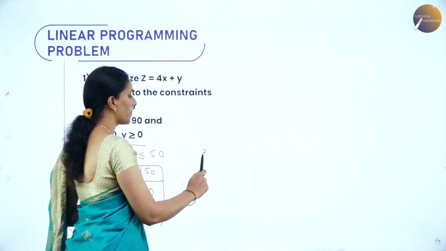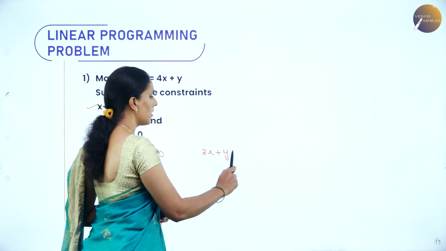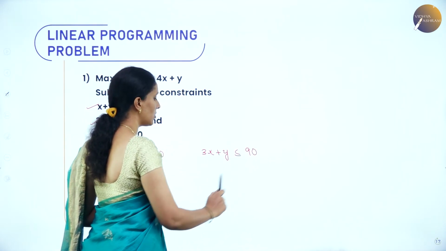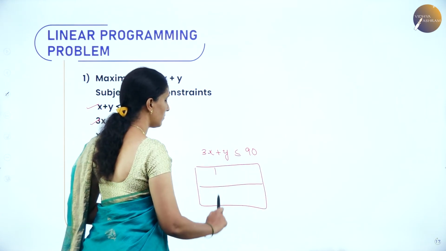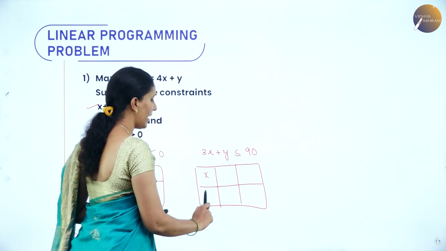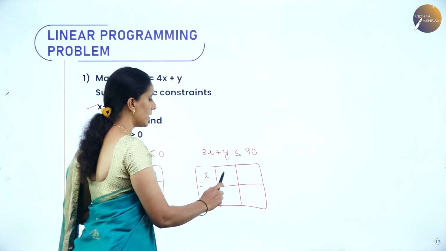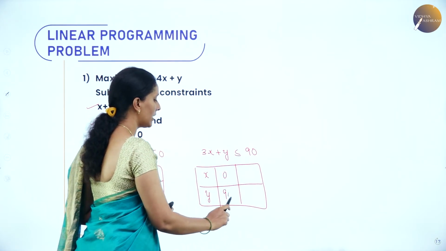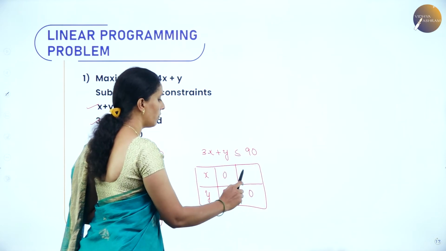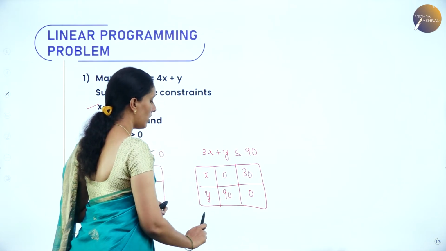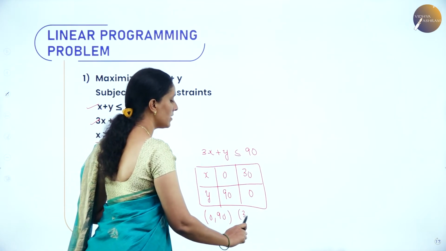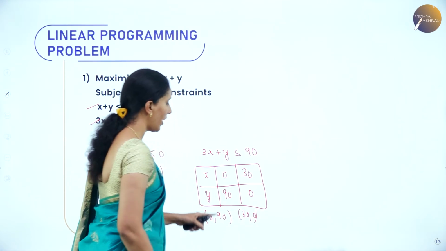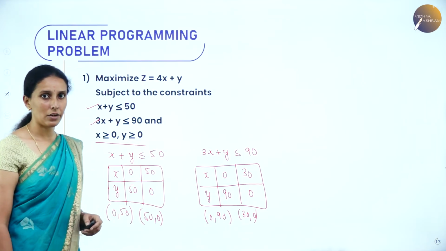Next we have 3x plus y less than or equal to 90. Here we have x and y. Put x equal to 0, we get y as 90. Put y equal to 0, we get x as 30. Therefore, (0, 90) and (30, 0) are the points for this second linear inequality.